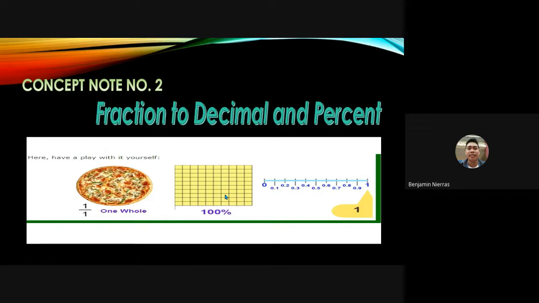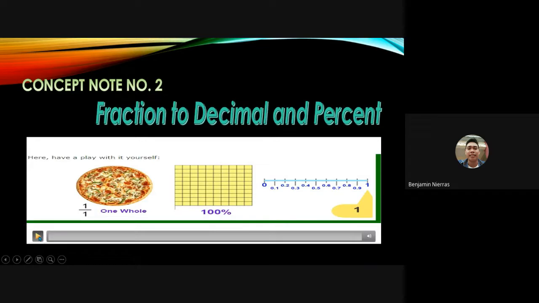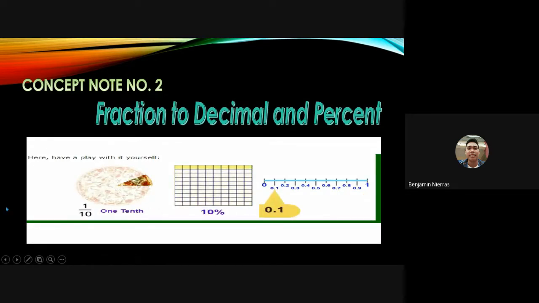We now have fraction to decimal and percent. If you do not know the relationship of these, based on this illustration, let's see that they are interrelated. In the first picture, we have the pizza representing the fraction, the yellow boxes in the middle representing the percentage, and the decimals represented by the imaginary line.